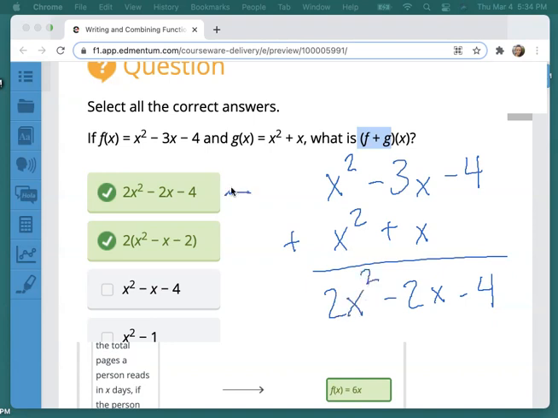So that gives us our first answer. The second answer just factors a 2 out of all of the variables. So this is also an answer just with the 2 factored out front.